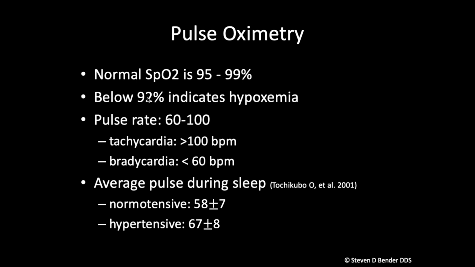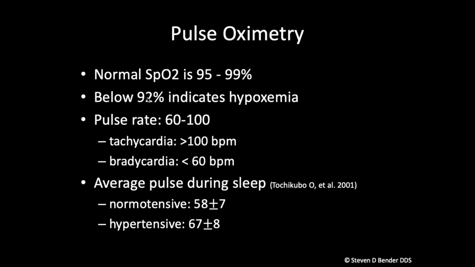Below 92% usually indicates some hypoxemia, or something is not functioning properly. A normal pulse rate is going to be, as you are aware, 60 to 100 beats per minute. Above 100 beats per minute is considered tachycardic, or too fast, and bradycardic is below 60 beats per minute.